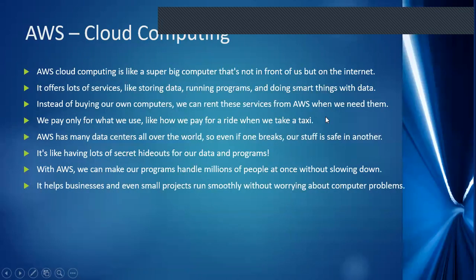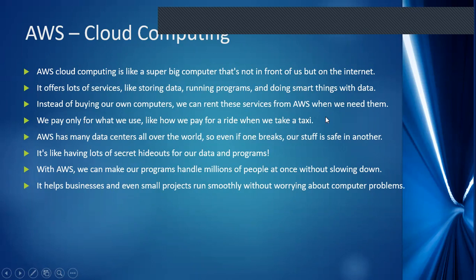So what exactly is AWS cloud computing all about, right? AWS cloud computing, as I showed in the previous figure, is nothing but a set of big computers that are not in front of us, right? But the computers are available on the internet and we can access the information over the internet through these big computers, right?